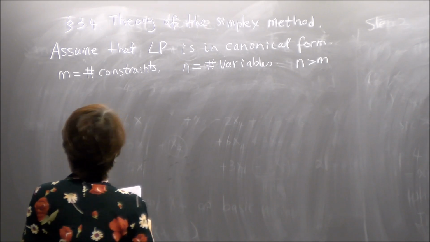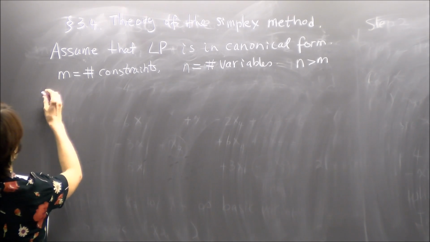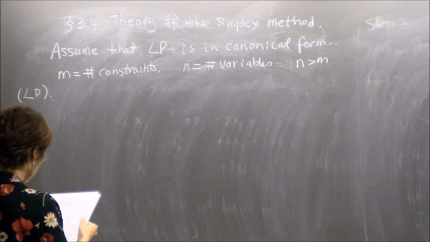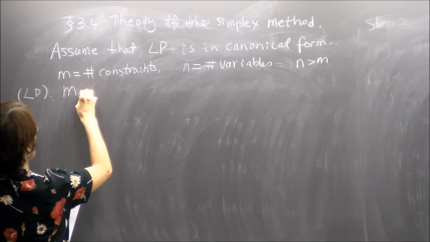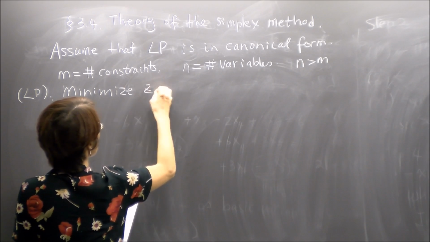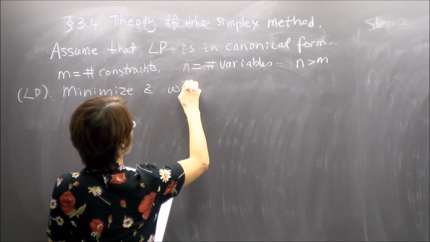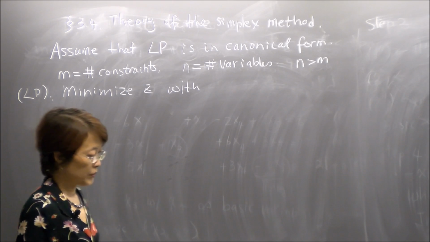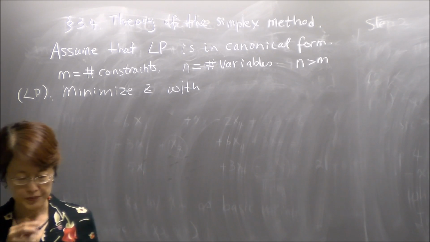That's okay. And then we have the following canonical form linear programming. Of course, minimize z with the following. It's in canonical form, so I will have a set of basic variables.